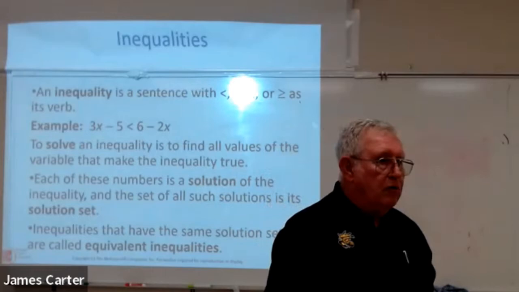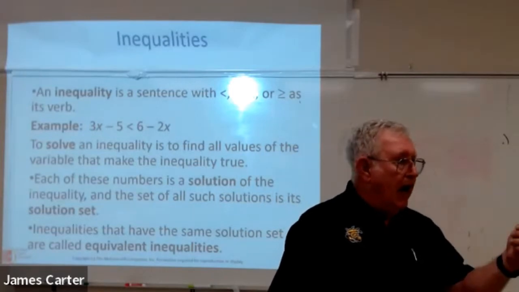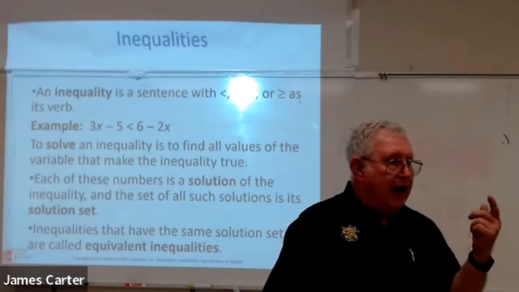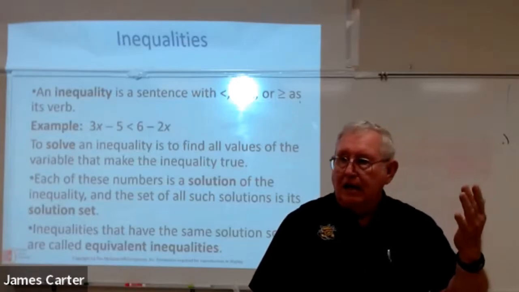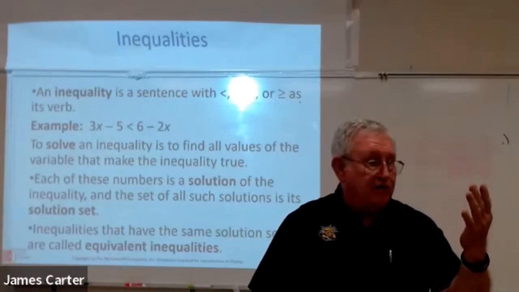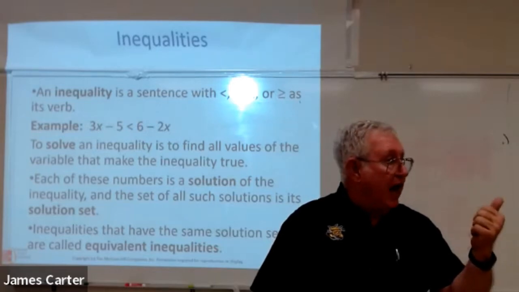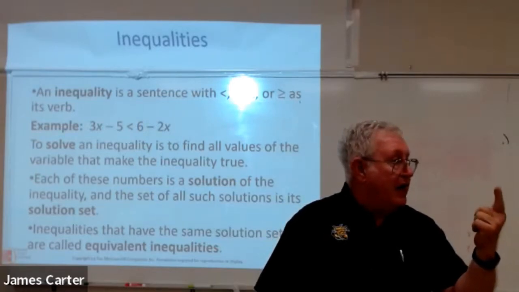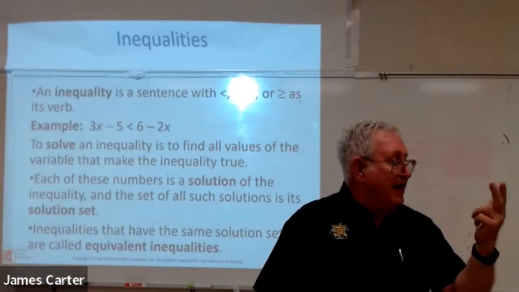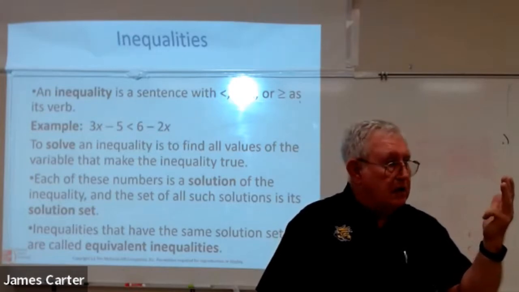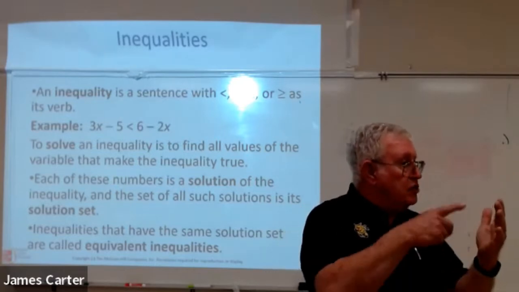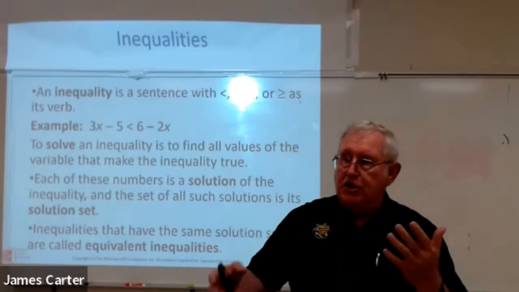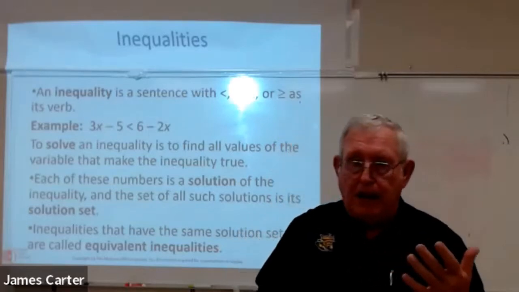Think Roman numerals. I, II, III, IV, V. That's 5. VI, VII, VIII, IX, and X. So as they approached every 10, they had to generate a new letter of the alphabet.